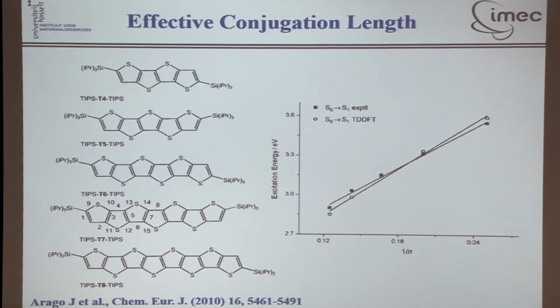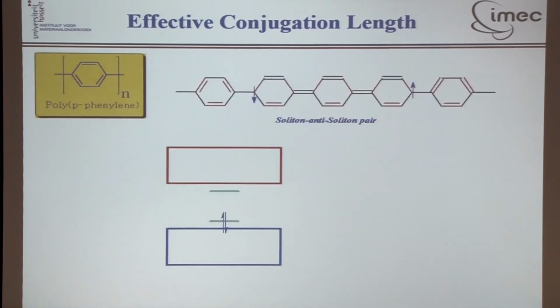Now, where is this effect fundamentally coming from? Actually, this is coming from the fact that if you have a one-dimensional system, as conjugated polymers mostly are, every excitation is localized. Even if your system is very long, it will be localized.